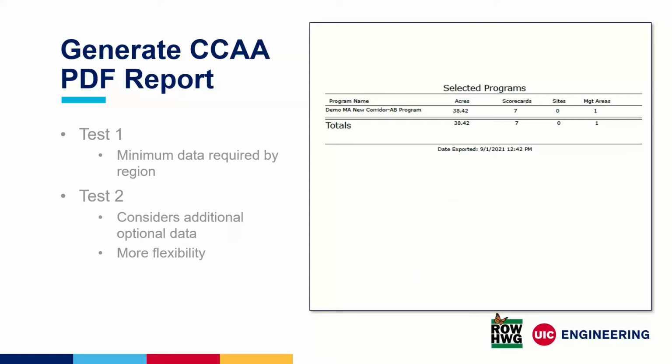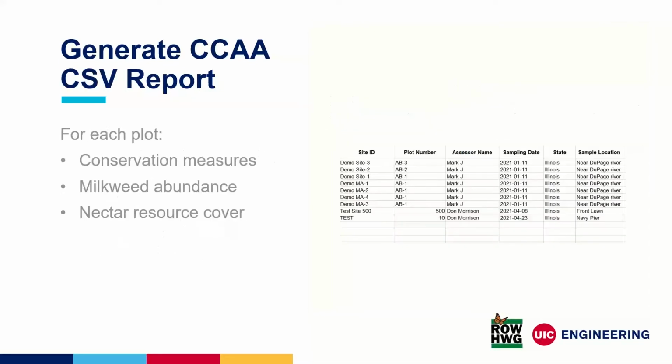On the second page of the PDF report, you'll find a summary of acres, pollinator scorecard points, sites, and management areas by program. Programs allow users to associate one or more conservation measure, such as seeding and planting, conservation mowing, or targeted herbicide treatment, with pollinator scorecard points or land areas for ease of tracking habitat quality, conservation strategies, or special projects.